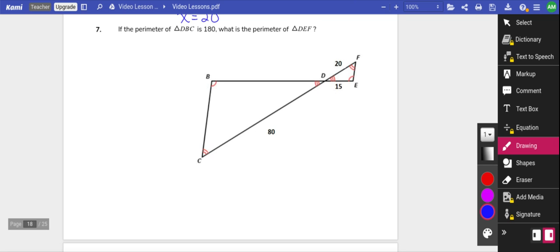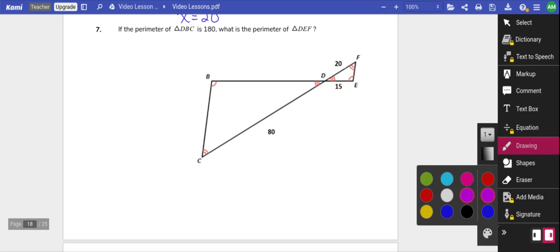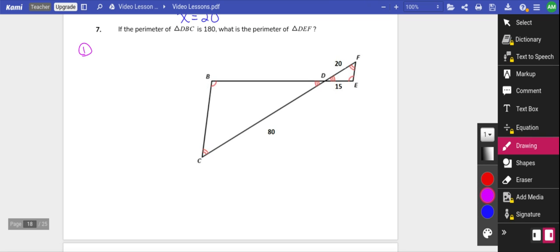So in order to do this question, I would either A, need to have all the sides of DBC or DEF, or B, I need to find the scale factor. And then I can use that to find the perimeter. So let's first determine the scale factor.